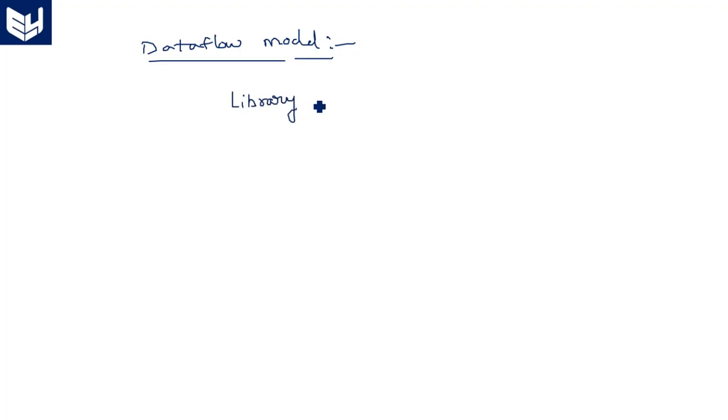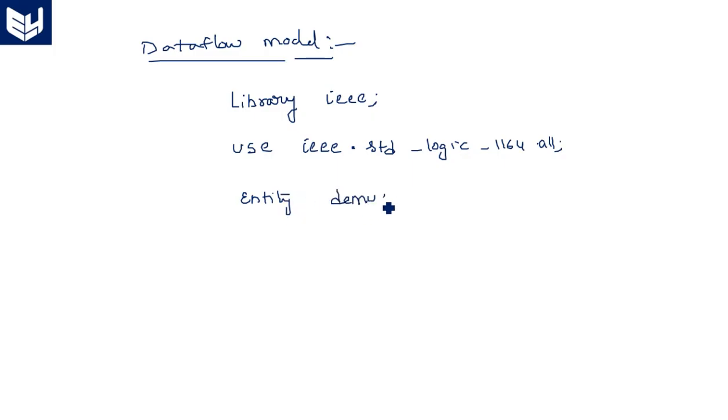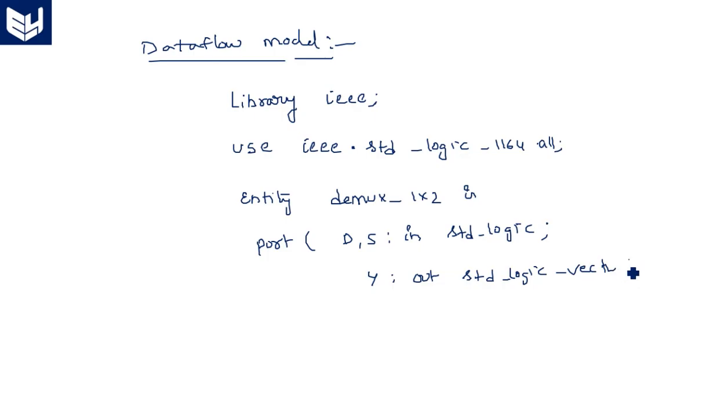So library IEEE; use IEEE.std_logic_1164.all; entity Dmux of size 1 by 2 is port of D, S in std_logic, we don't have any vector, but output is a vector, out std_logic_vector of size 1 down to 0, and end Dmux of 1 by 2.